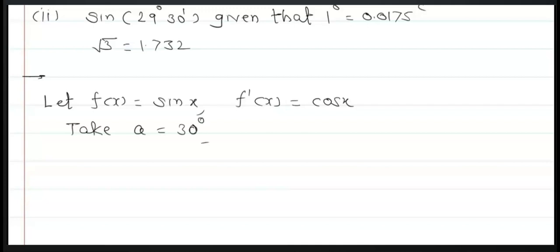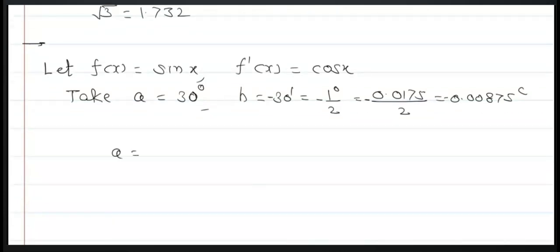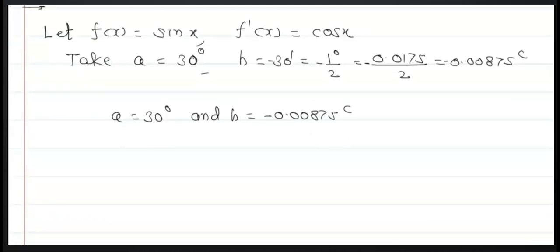A is equal to 30 degree and h is equal to minus 30 minutes, that is 1 degree upon 2, that is 0.0175 upon 2, which is minus 0.00875 radian. So A is 30 degree, and h is minus 0.00875 radian.